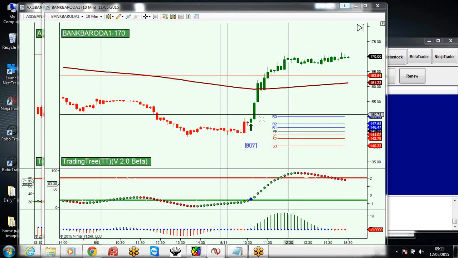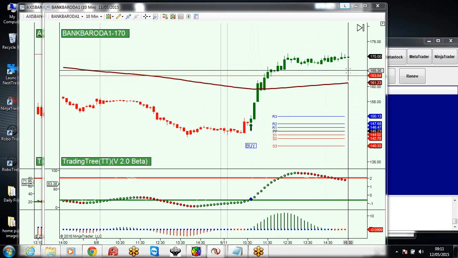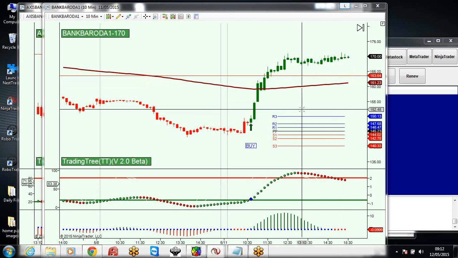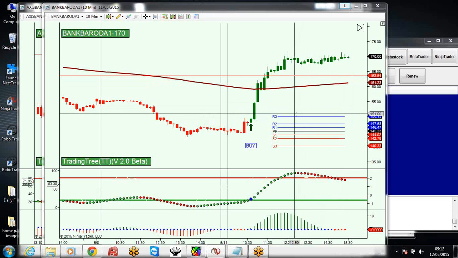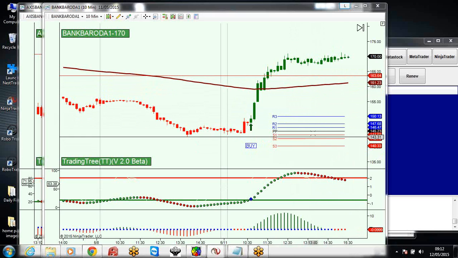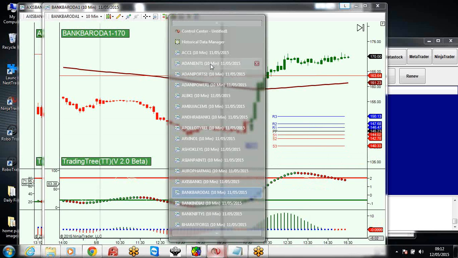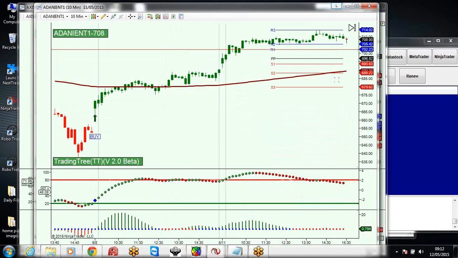So here we have the buy and sell signals, which are automatically generated, and that comes with a voice pop-up alert, which you'll be seeing shortly as the market opens. Other than this, we have various levels, that is the support and resistance levels, and the trailing stop loss line.